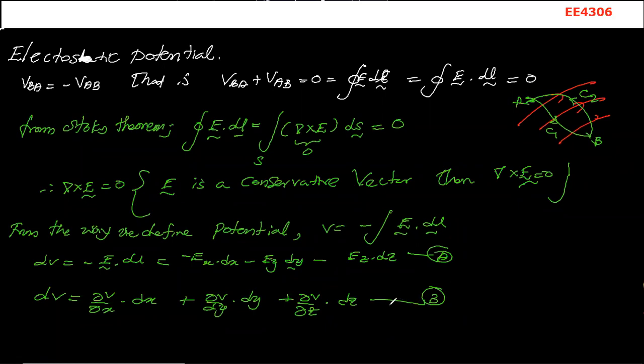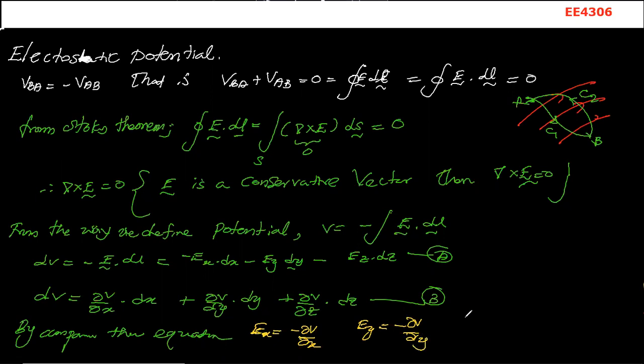Then by comparing these two equations, you can write down Ex equals minus the partial derivative of V with respect to x, Ey equals minus the partial derivative of V with respect to y, and Ez equals minus the partial derivative of V with respect to z.